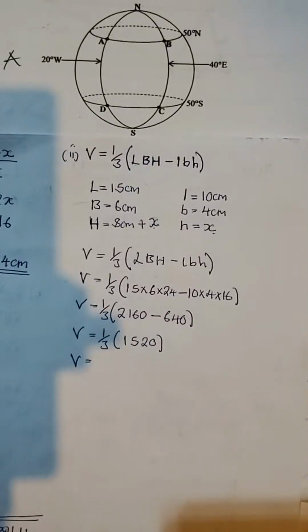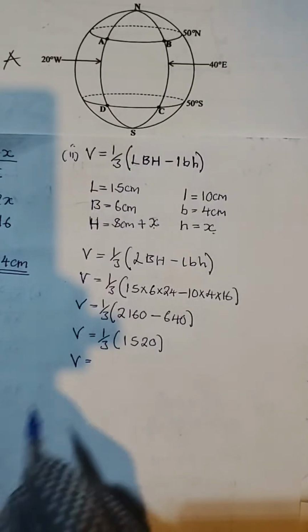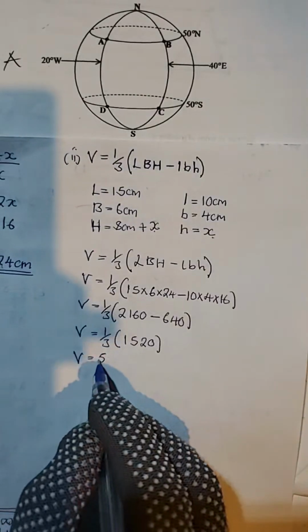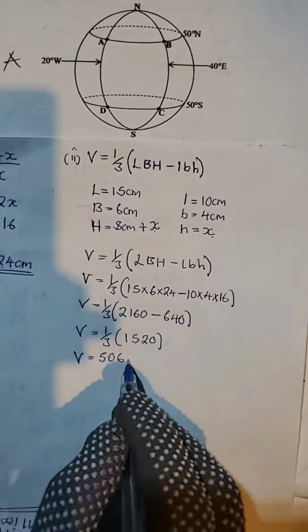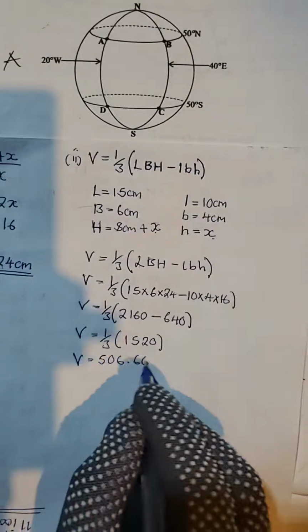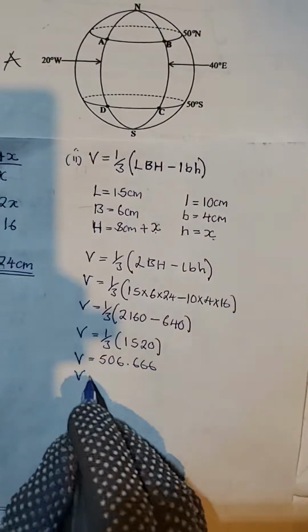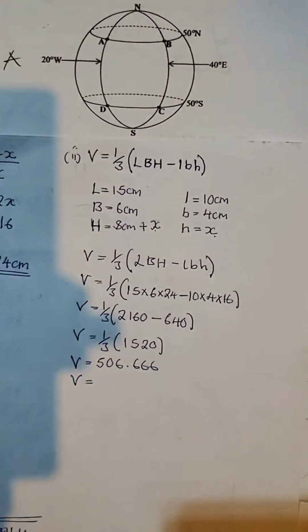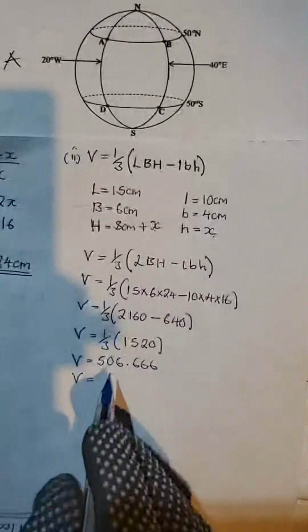So 1,520 divided by 3. This is giving me 506.666. Correct to 3 significant figures, we have 1, 2, 3.